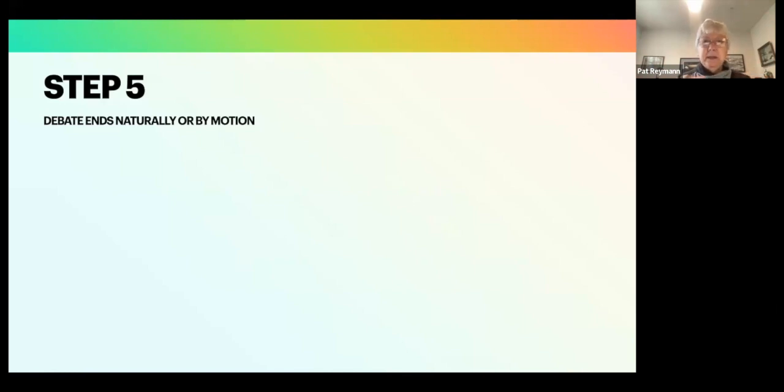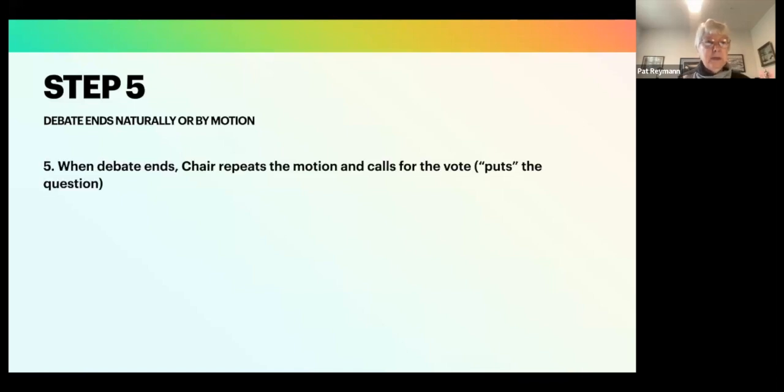It can end because it ends naturally, or as I said, by motion, if someone has made a motion to stop debate and it's been processed and all that, then the debate has stopped. But the chair does not have the authority to cut off debate. Okay, so when debate ends, the chair repeats the motion, just in case anybody's lost about what we are doing, and calls for the vote.